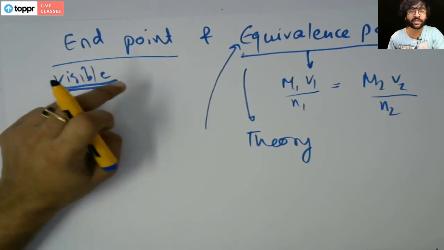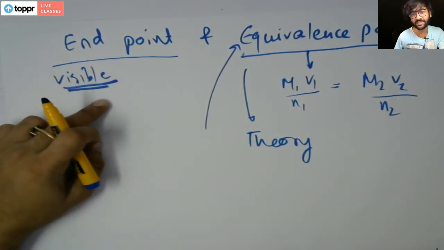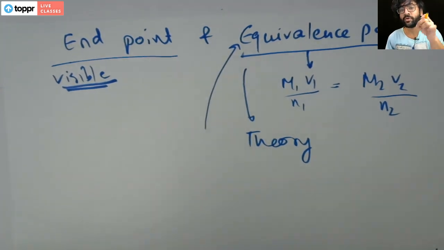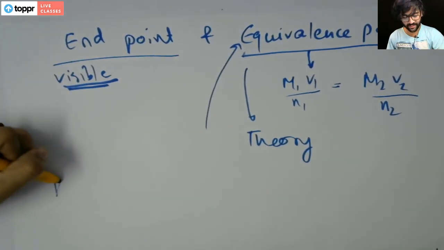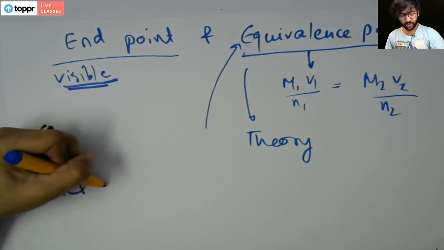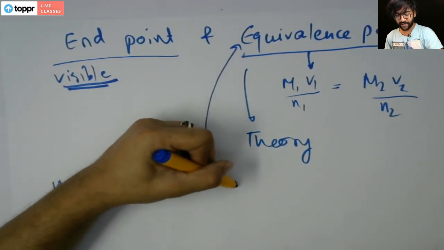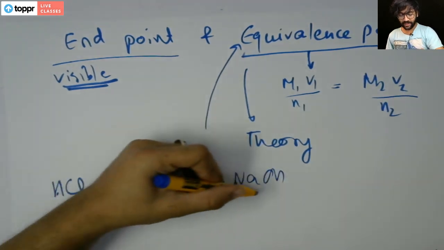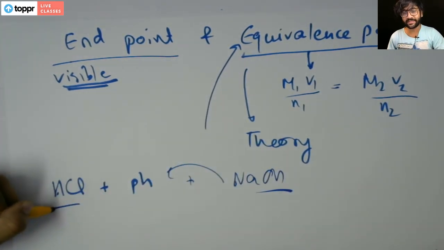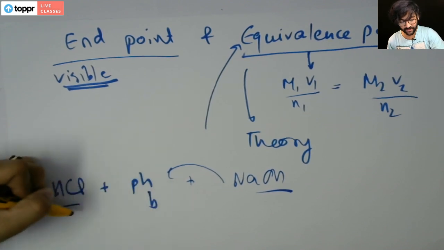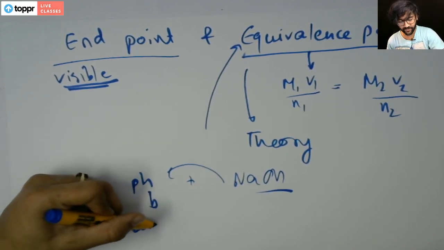Why? Because we have put an indicator that will only change its color after adding one more drop. So if I have HCl and I have put phenolphthalein in it, right, and now I'm going to add NaOH. When NaOH and HCl become equal, that is the point of neutralization, and initially it was colorless.